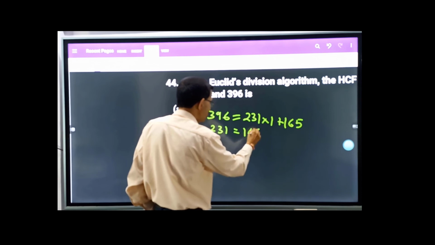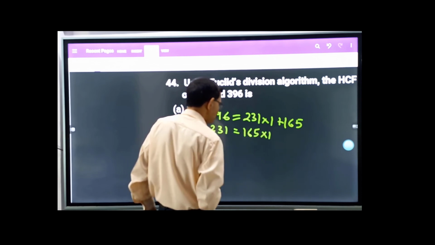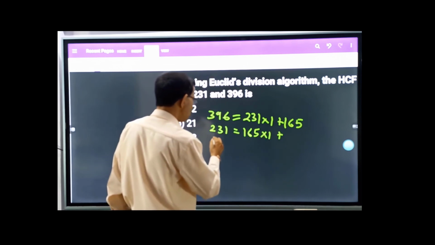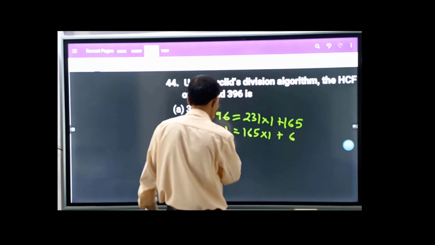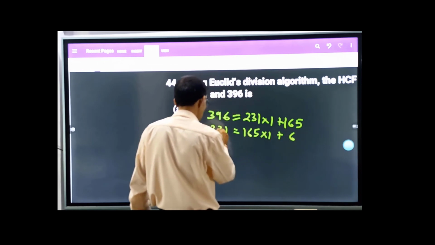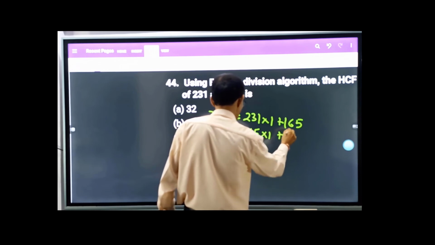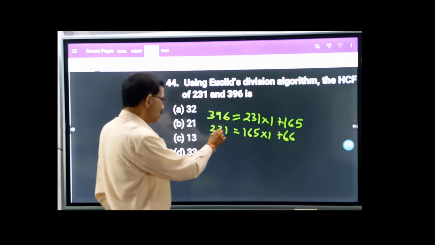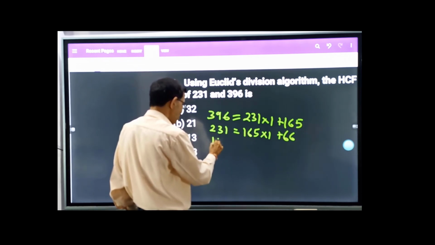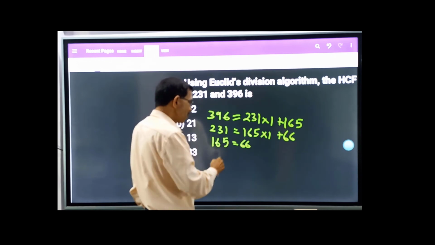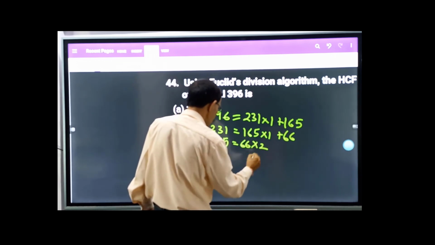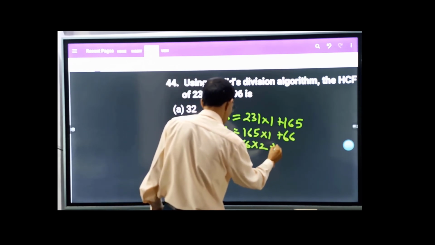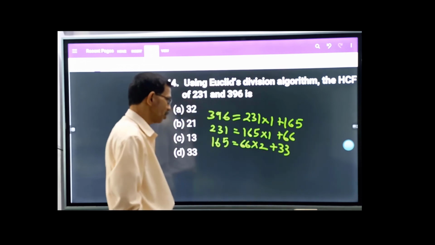So this will be 165 multiplied by 1, and the remainder of this is 66. Then next you start with 165. 165 can be written as 66 into 2, and the remainder will be 33.